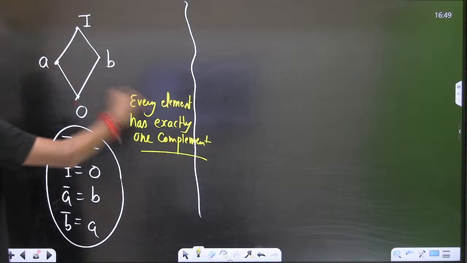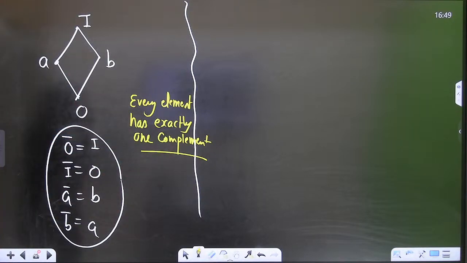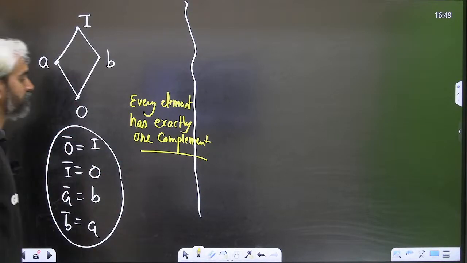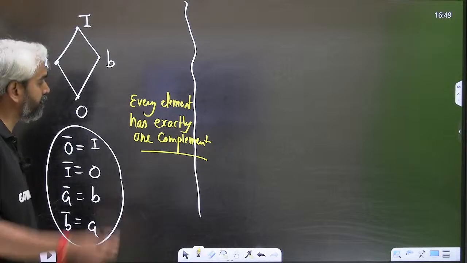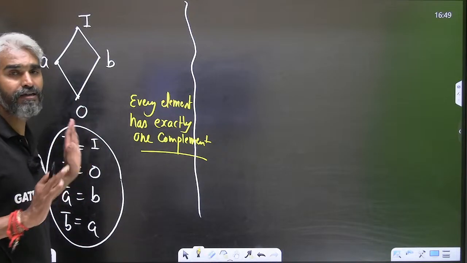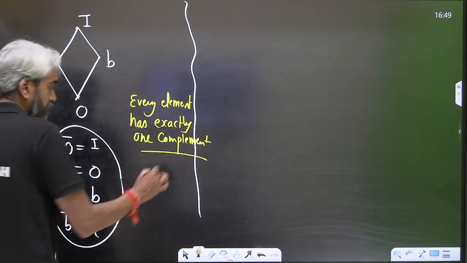In this case, every element has exactly one complement, and please try to understand, if every element has exactly one complement, it will be sufficient to call it a distributive lattice.